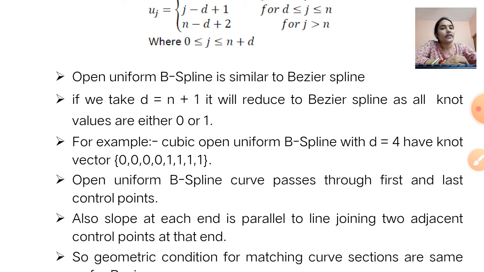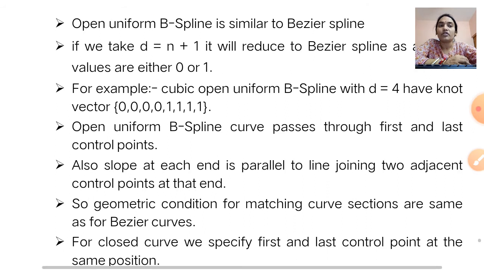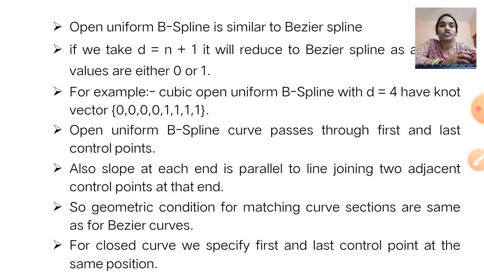If we take d equals n plus 1, it reduces to the Bezier spline, as all knot values are either 0 or 1. For example, a cubic open uniform B-spline with d equals 4 has the knot vector of four zeros and four ones. In this way it will continue.